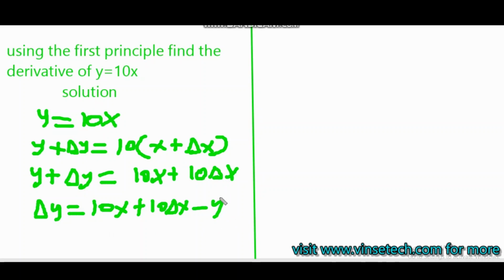So we have to replace this y with 10x. Replacing the y with 10x, we now have change in y is equal to 10x plus 10 change in x minus, the value of y is 10x, so we now replace y with 10x.